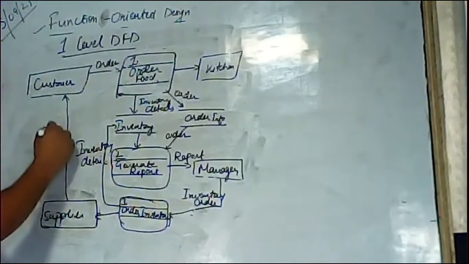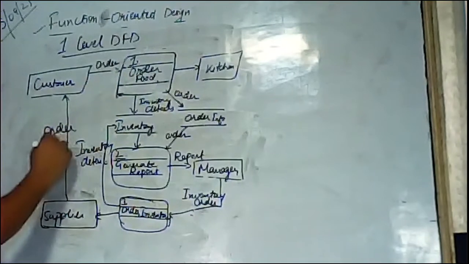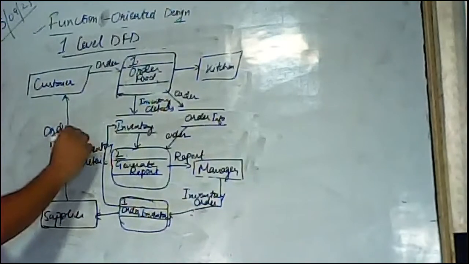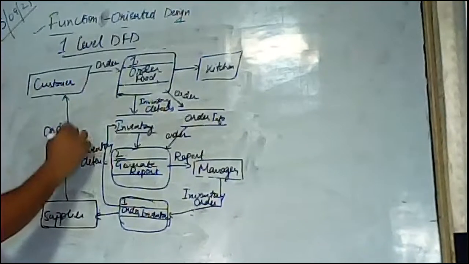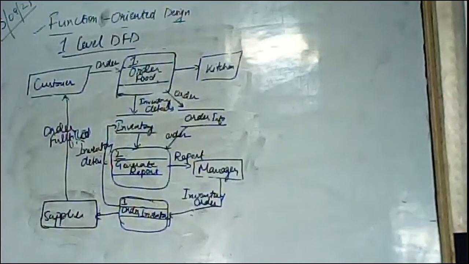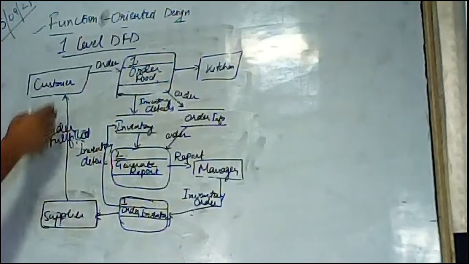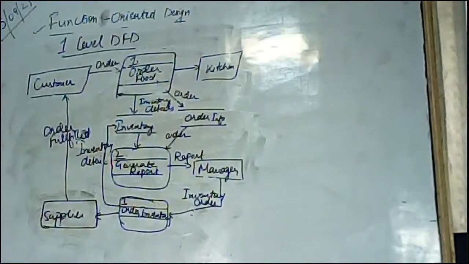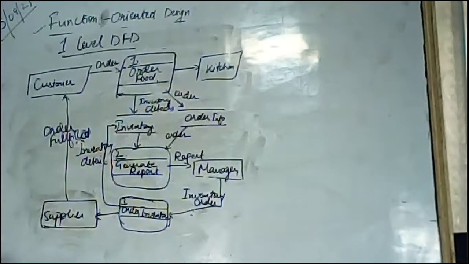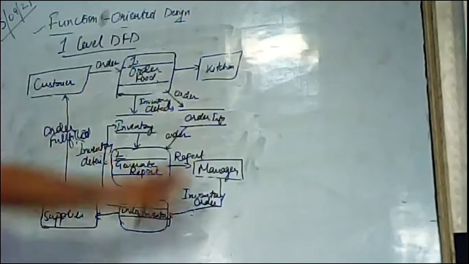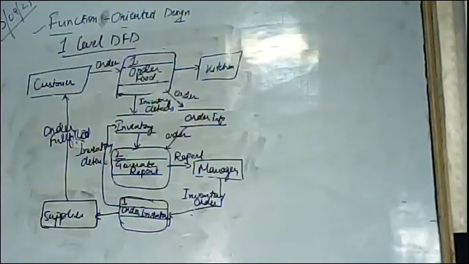The last message when you receive the food is that the order is successfully delivered. That is your complete DFD of your level.